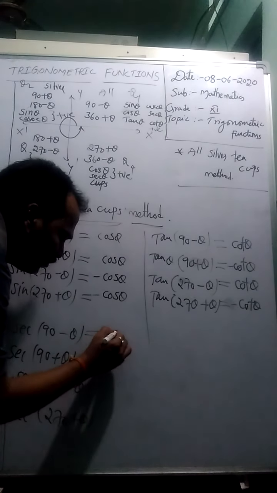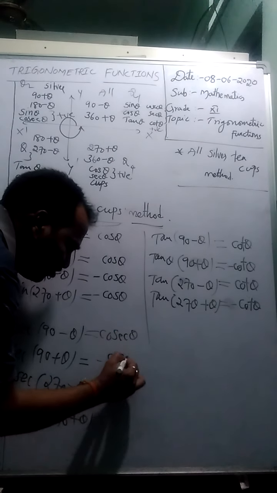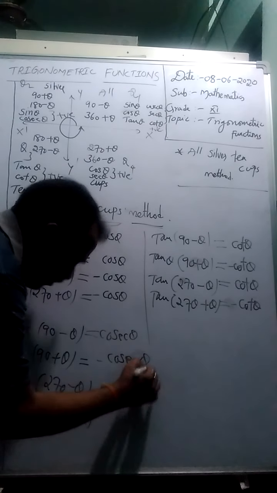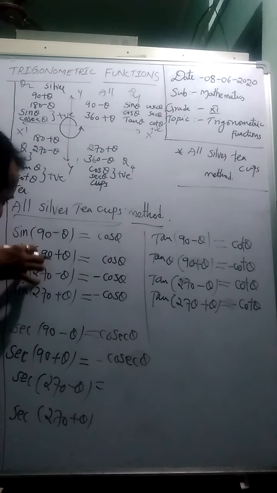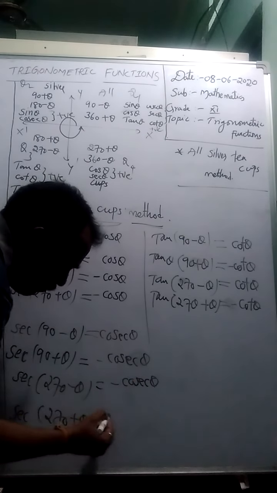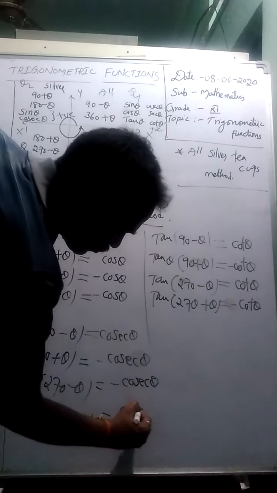So here it becomes cosecant theta because in the first quadrant all are positive, but in the second quadrant sine and cosecant are positive, but we are applying for secant, so it is negative. In the third quadrant, as you know, tan and cot are positive, so it becomes minus. But we know cos and secant are positive in the fourth quadrant, so it becomes cosecant theta.